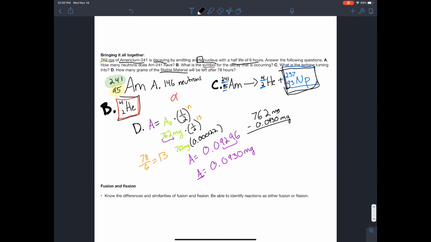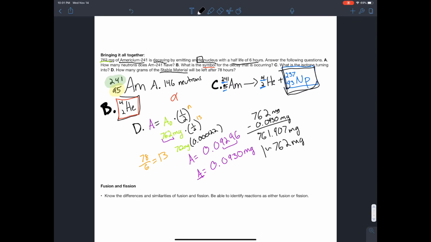So minus 0.0930 gives 761.907 milligrams. So it's pretty much entirely now neptunium-237. And let's see, for sig figs, we have 3 in each of these, so we're only keeping 3. So we say about 762 milligrams.